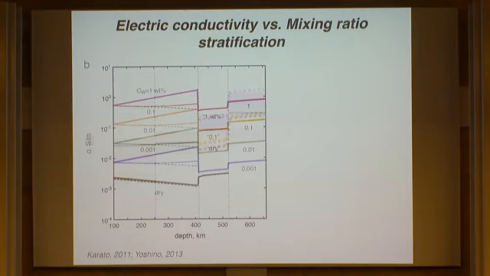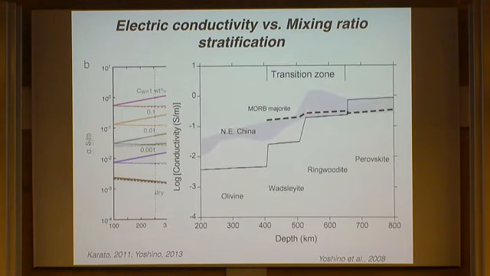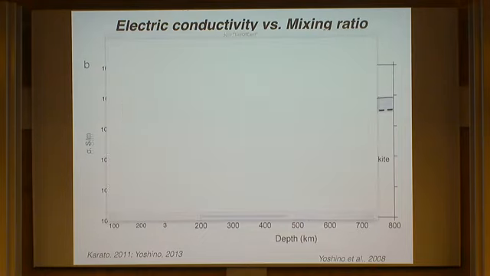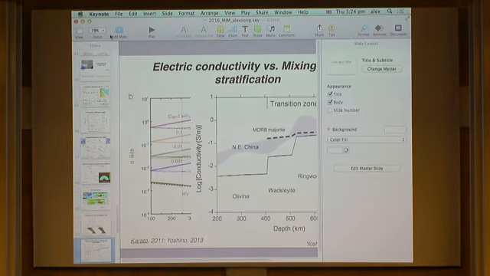But I want to stress that if you consider this basalt accumulation a reasonable estimate in this area, then if you look at the Yoshino 2008 estimate, this basically shows the observation in northeast China. This shows the estimate of the electrical conductivity for more transition zone depths.